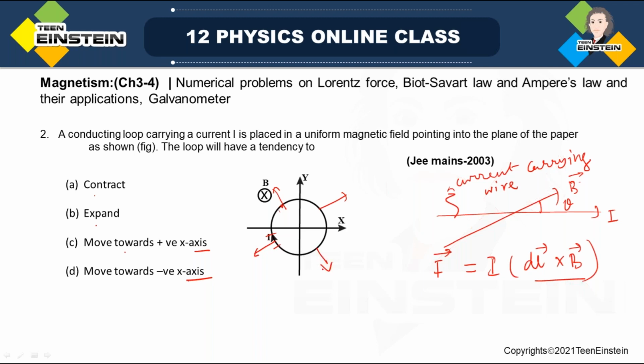So in each case, the direction of the magnetic force on the current carrying conductor will always be radially outward. That's why this option will be the correct answer. The wire will expand. So that's the reason.